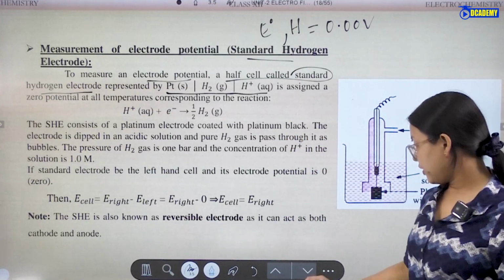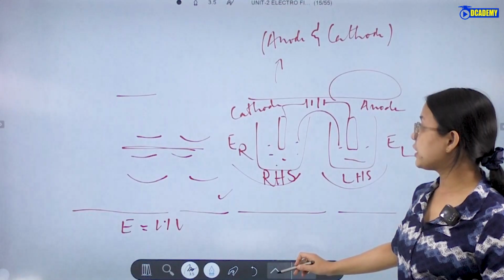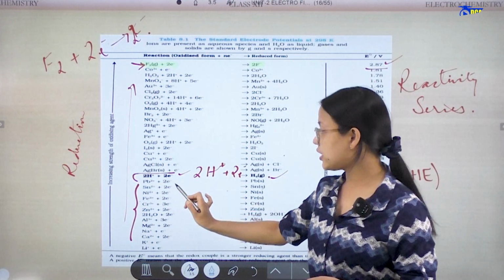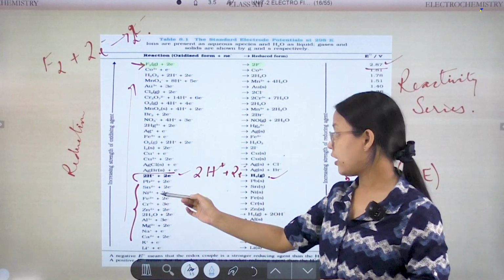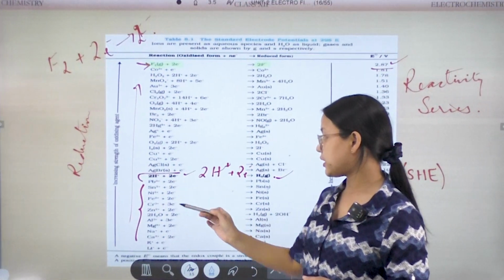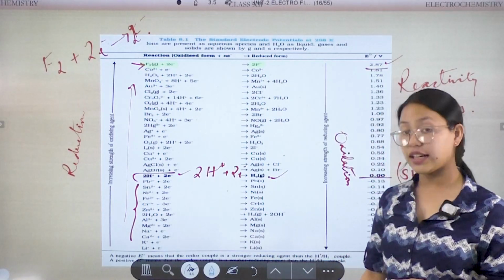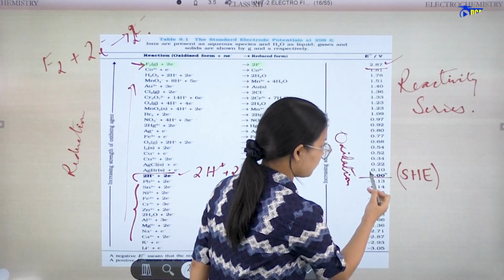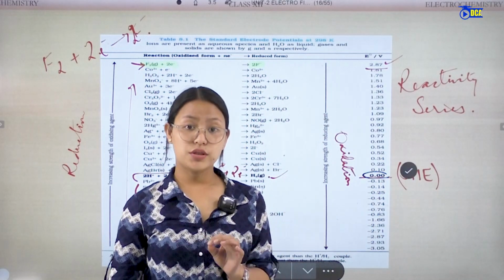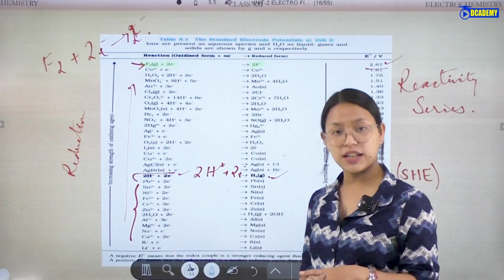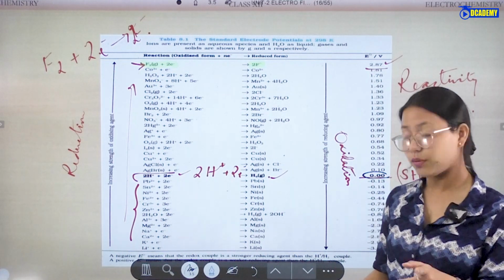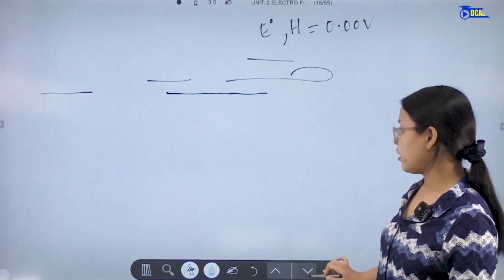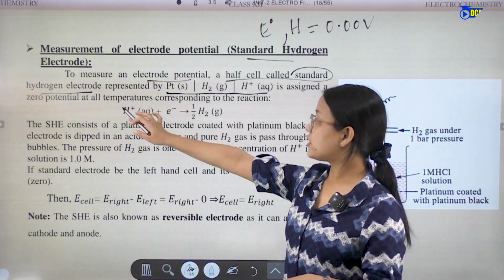So let's see here. Hydrogen has a potential set. In the previous slide, see here, hydrogen has a potential set. The electrode potential is 0.00. It is known as the standard, zero potential.